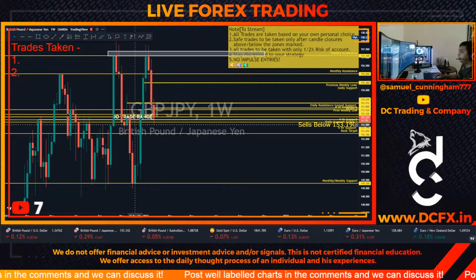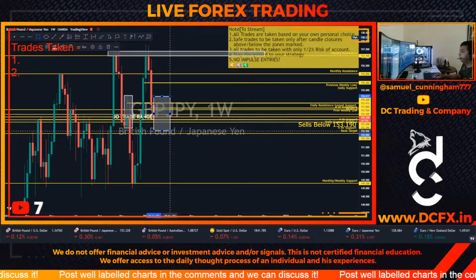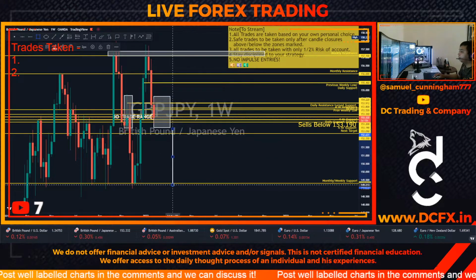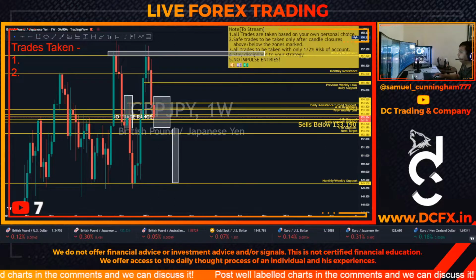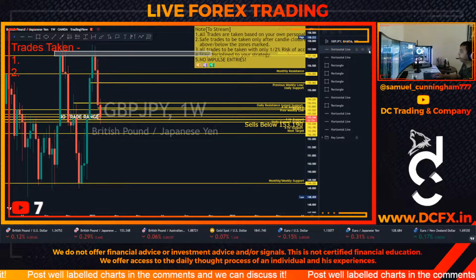So could we have this small break like how we did last time, right over here, and then continue to the lows? You get what I mean? A slight retracement back up and then continue back down.